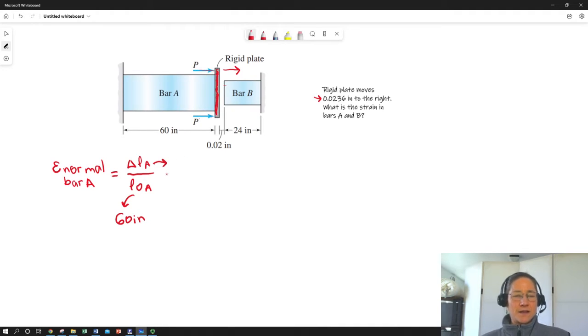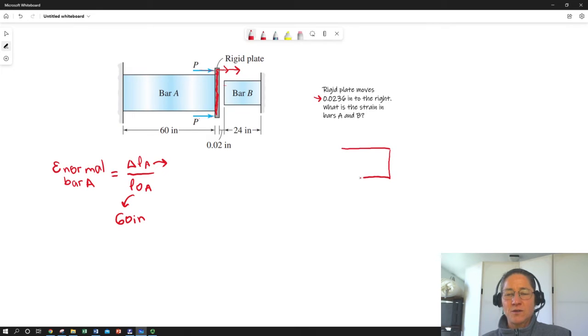And it actually is easier to determine the change in length of bar A because as this rigid plate moves over to the right, that displacement of the rigid plate is actually accomplished by stretching the bar. So basically, if you think about it, you've got your bar, and as you displace the plate, you're actually stretching the bar. Let me find a better way to draw that.